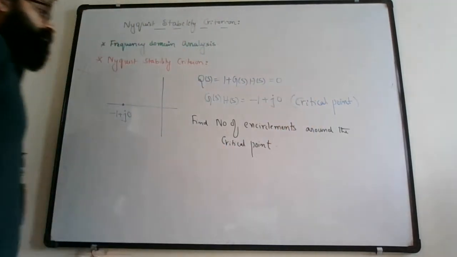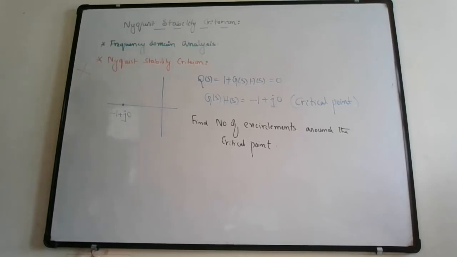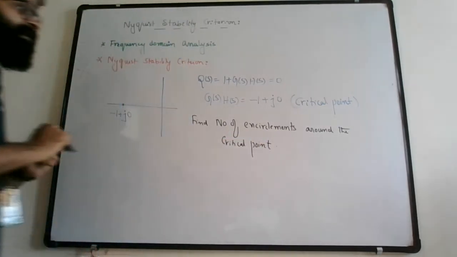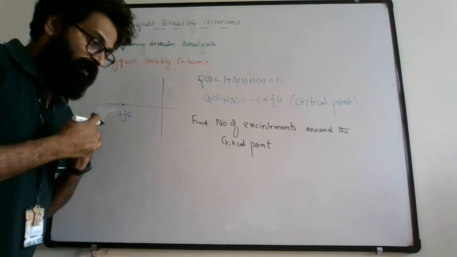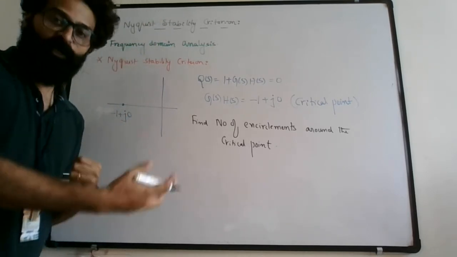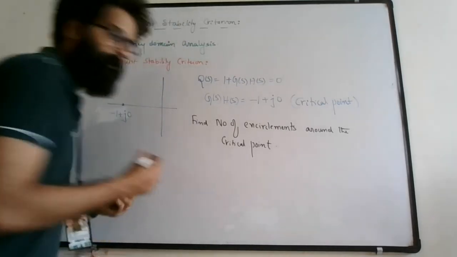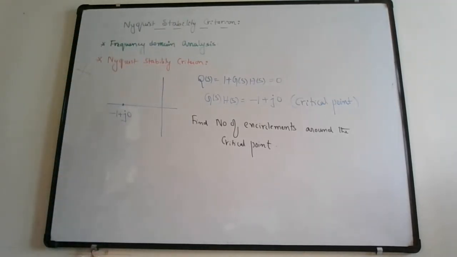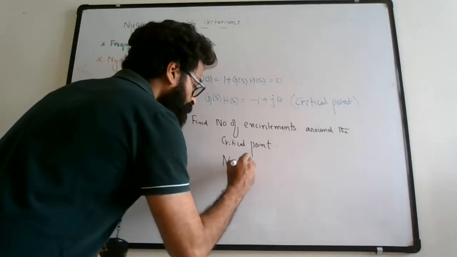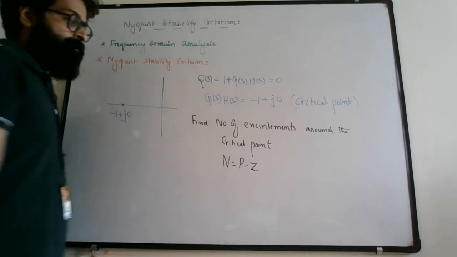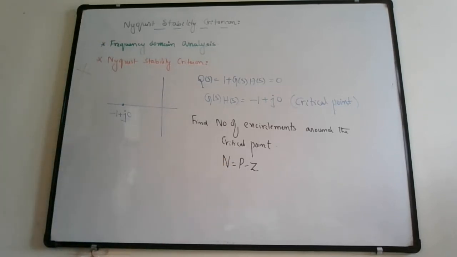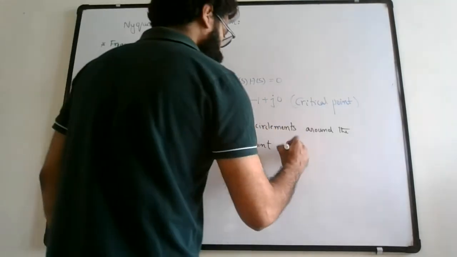This number of encirclements around the critical point can be predicted beforehand using the formula N is equal to P minus Z. This is the formula which is used to find the number of encirclements around the critical point.